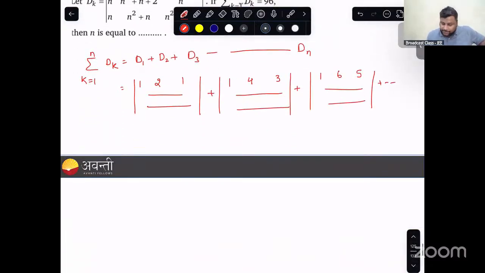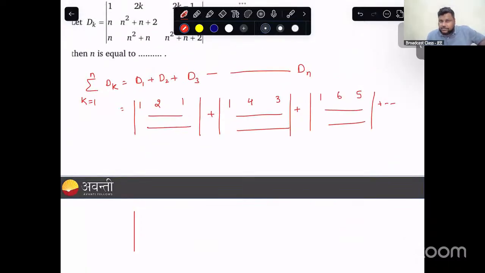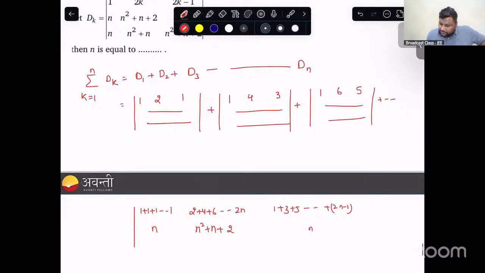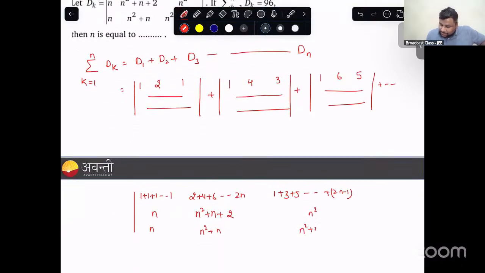Yes or no? Now, at the first row we will add. So 1 plus 1 plus 1 and so on, n. 2 plus 4 plus 6 and so on up to 2n. 1 plus 3 plus 5 up to 2n minus 1. Second row is n square plus n plus 2 and n square. Third is n square plus n and n square plus n plus 2.